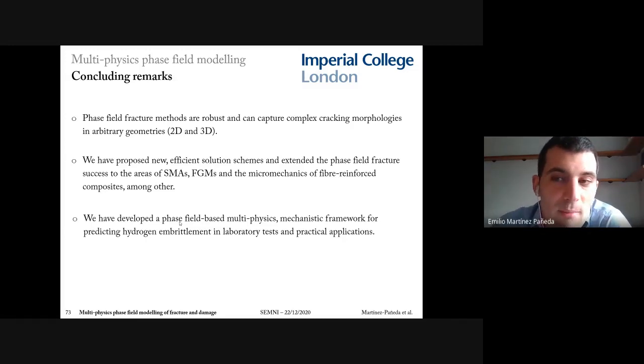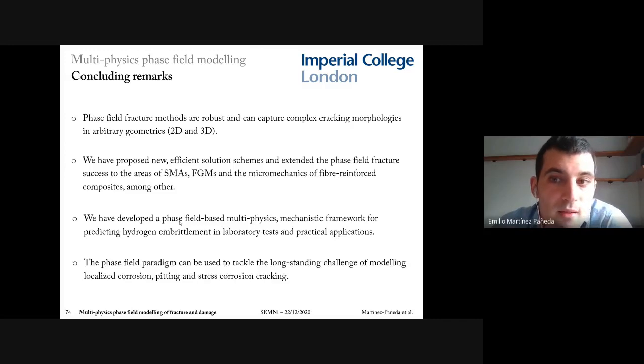The phase field method can be easily coupled with other physical phenomena and can accommodate multi-scale material model approaches. So we have built on these possibilities to develop a mechanistic framework that is capable of predicting hydrogen embrittlement in laboratory experiments and also in large-scale engineering applications, bringing to our industrial partners the concepts of virtual testing and digital twins.